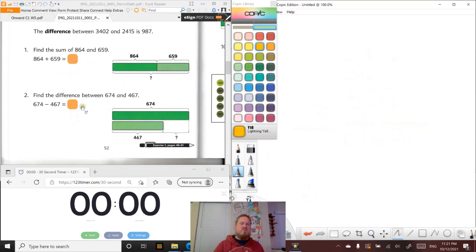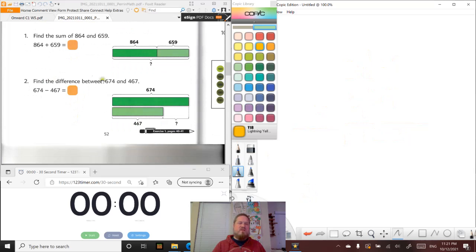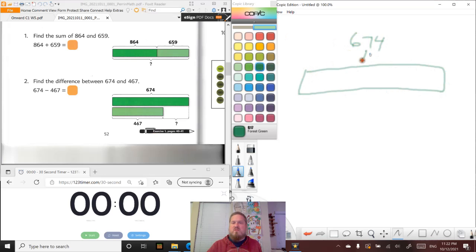All right, let's try problem number 2. Find the difference between 674 and 467. If you have one number, 674, and you have another number, 467, 467 is smaller. If you subtract 467 from 674, what's left over is the difference. To draw that over here, got the big bar, 674.